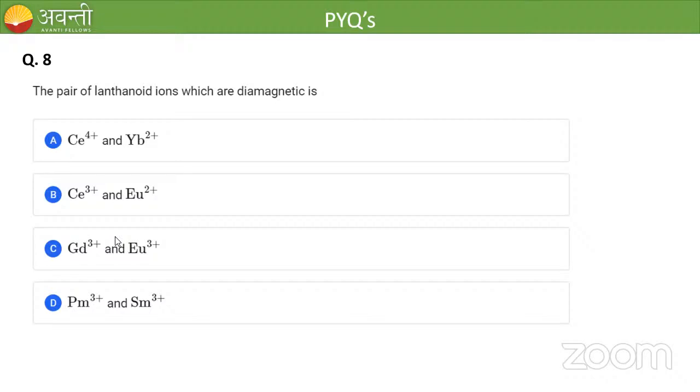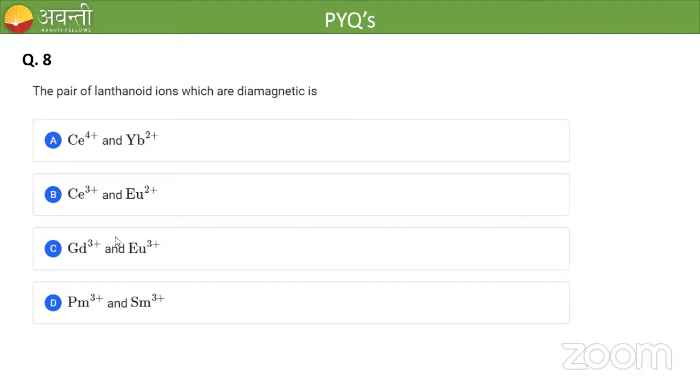You can type that in the chat box. Lanthanum 3 plus. Very good. The second ion is lutetium 3 plus. Very good.